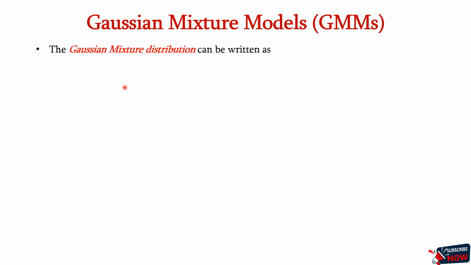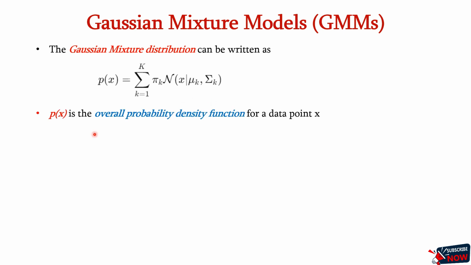Now let us see the formal representation of the Gaussian mixture distribution, which can be written as P of x is equal to the summation of k equals 1 to K, pi k times the normal distribution of x given mu k, sigma k. Here P of x is the overall probability density function for a data point x. The right side is the weighted sum of K Gaussian components.